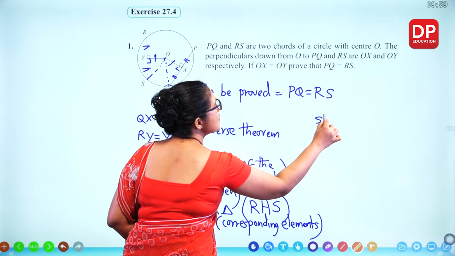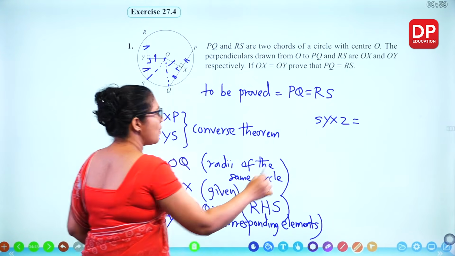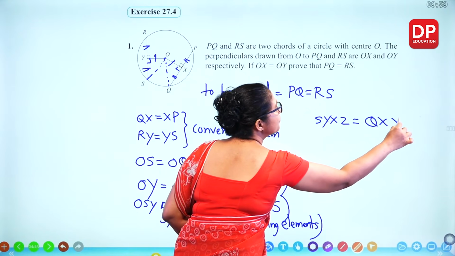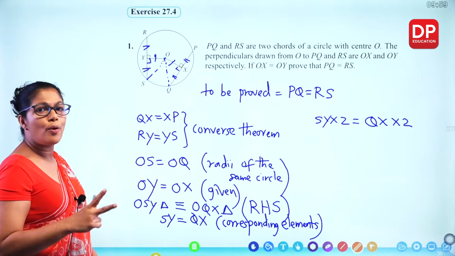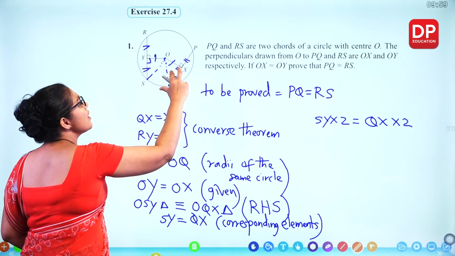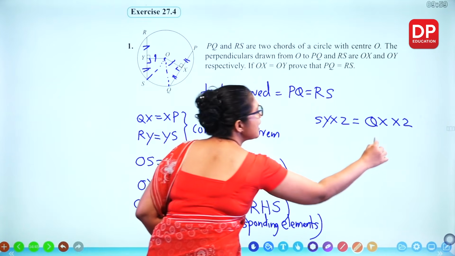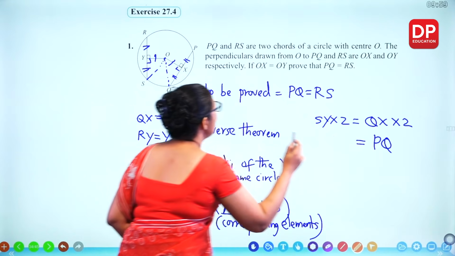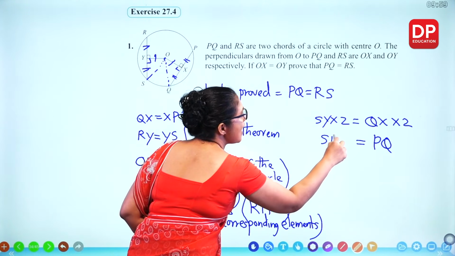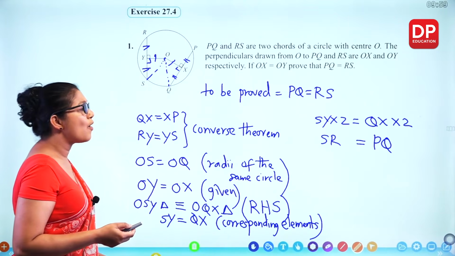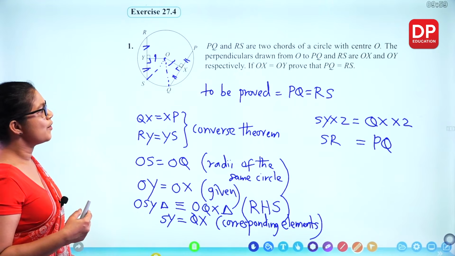So here SY multiplied by 2 and QX multiplied by 2. So when you multiply by 2, it becomes the whole length of the chord. So here QX multiplied by 2 becomes PQ. When you multiply this by 2, you get the chord SR. So we can straight away write down the chord SR is equal to PQ.